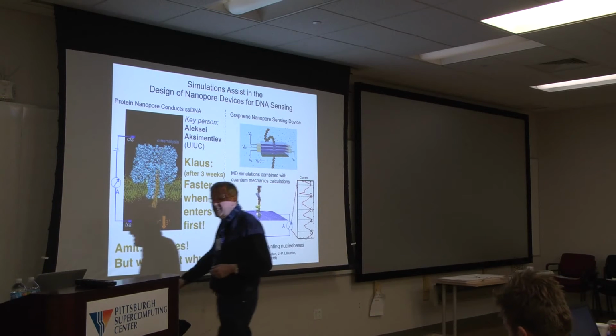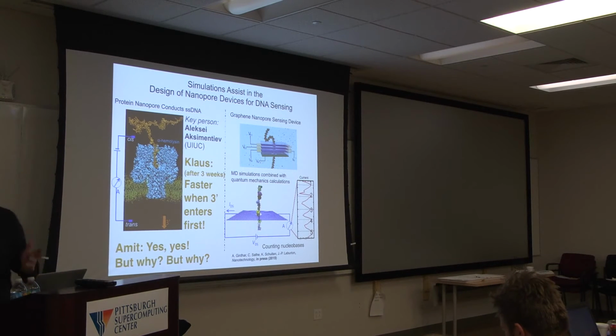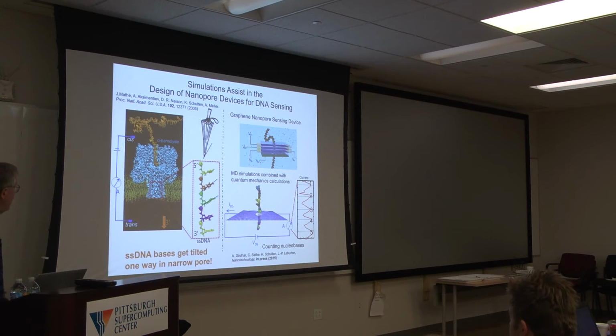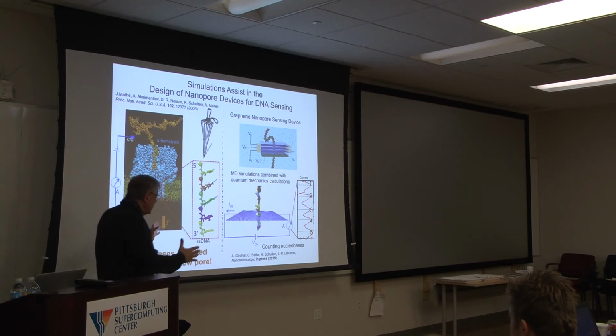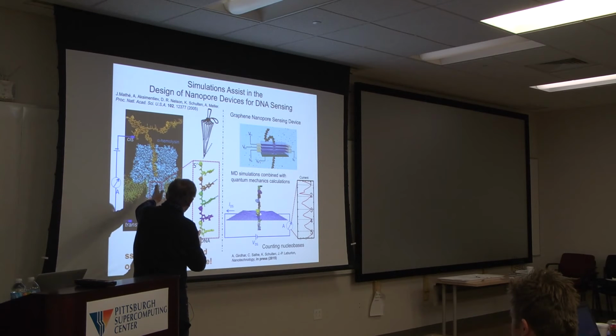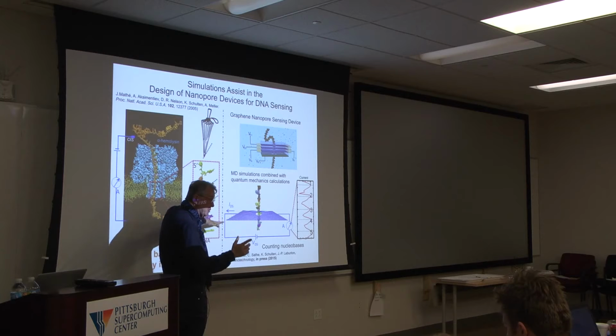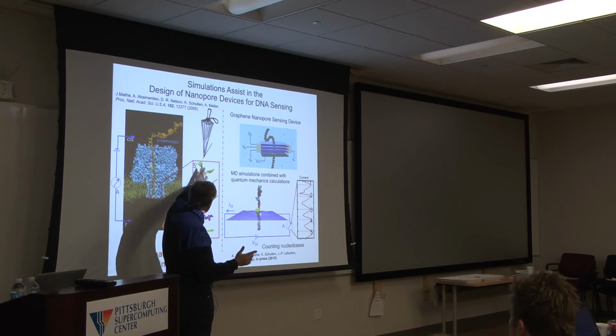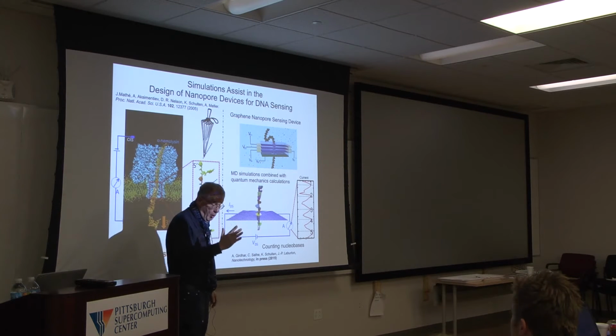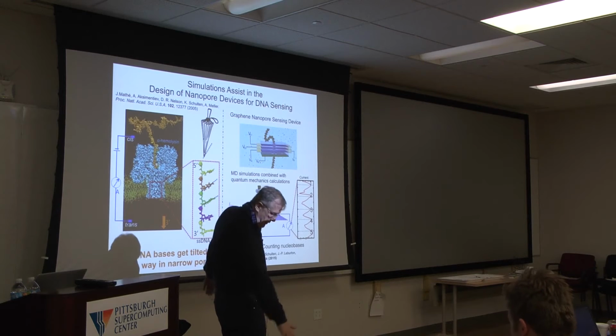Something actually quite mysterious, that even though DNA is such a famous molecule, I thought it was known. If you put DNA in a small cavity like here, you find that the bases of the single-stranded DNA, this is not double-stranded DNA, just one strand of DNA, are not all perpendicular or some down, some up.